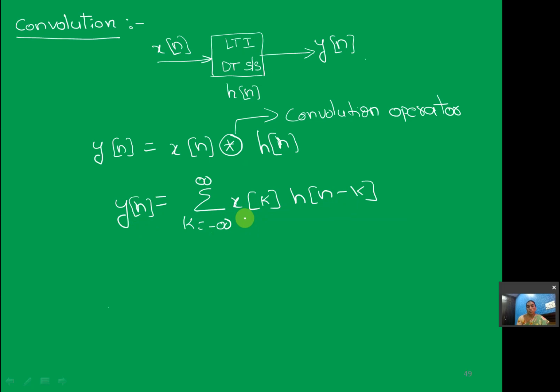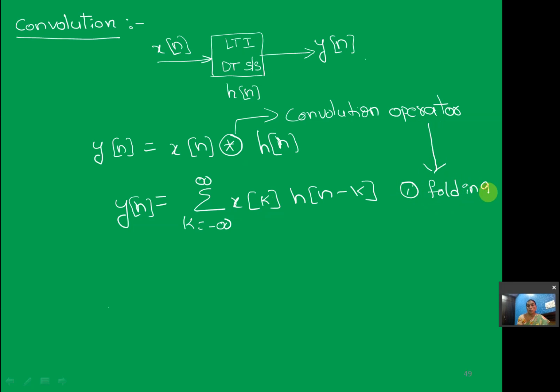Actually, one derivation is there to determine the output from the knowledge of x of n and h of n. Directly I am writing the definition here. So shortly we represent it as convolving between x of n and h of n. If you observe this equation, the convolution operator involves many operations. The first one is folding.